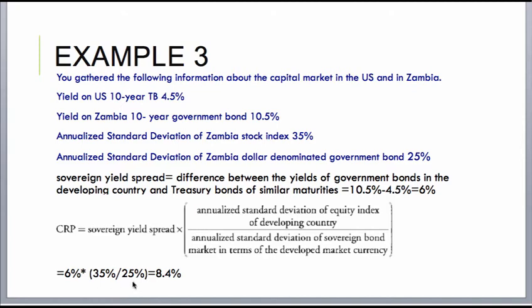We apply all these numbers into this formula, and it gives you a country risk premium of 8.4%. Okay, so based on the formulas, if you can find the correct numbers and apply them to the correct places, the calculation should be straightforward.